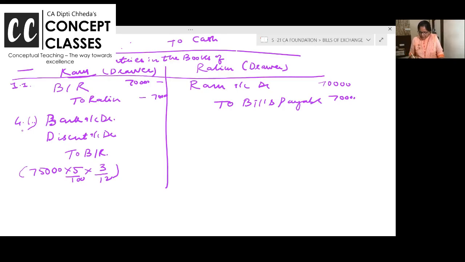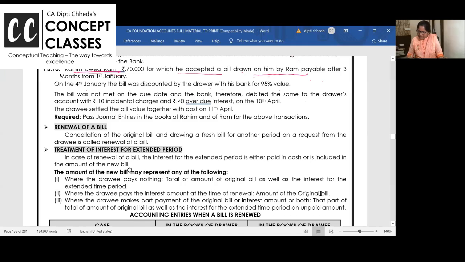Okay, I did a mistake. 1 second. They said the bill is discounted at 95%. So 5% is the discount. They didn't say per annum. Per annum नहीं बोले हैं. Read it. If you want, I will go and read on screen so that you see. Sometimes we do mistake. The bill is discounted at 95%.